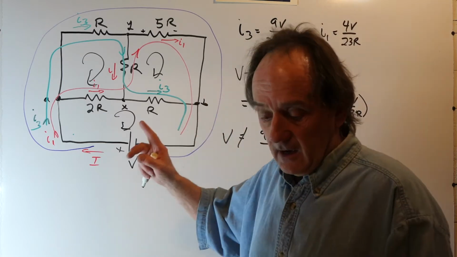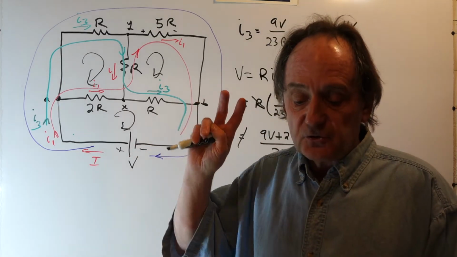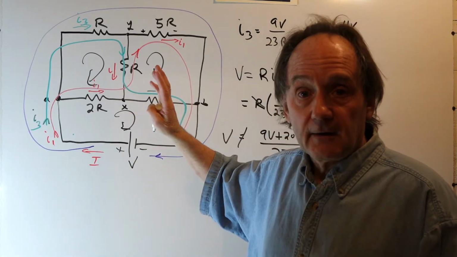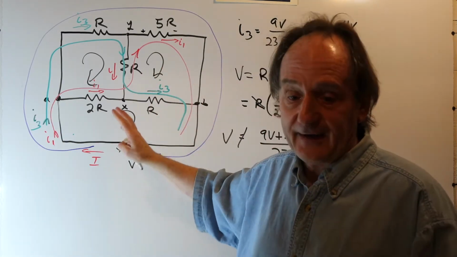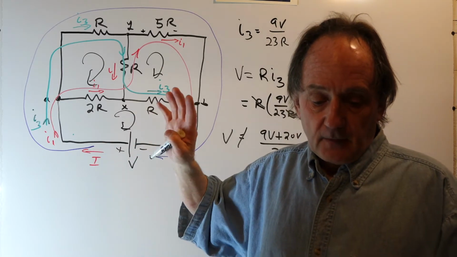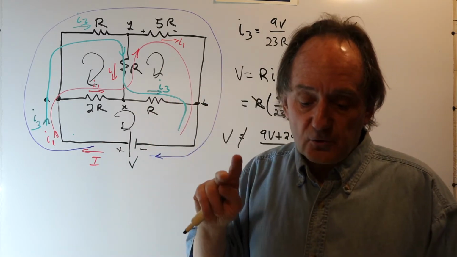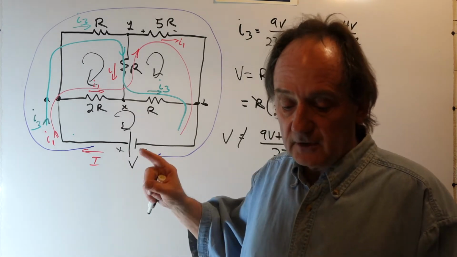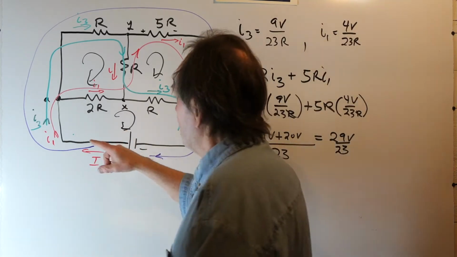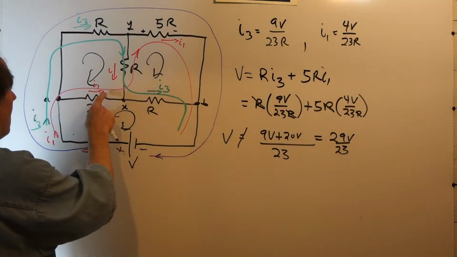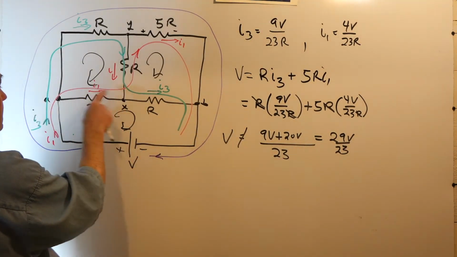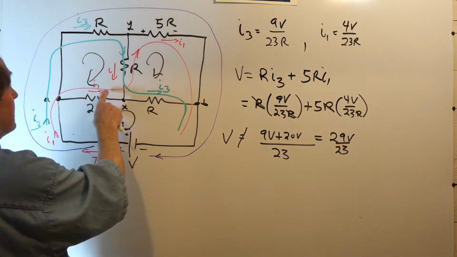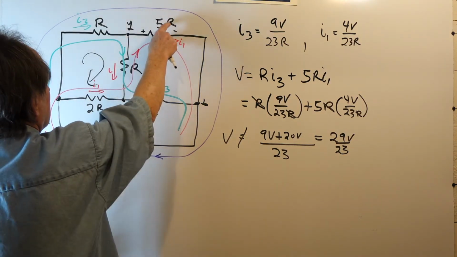So when you have this two-loop mesh, or this two-loop current analysis, when you make your choice for I1 and I3, you look to see here that only I1 flows in 2R, and that same current is flowing in 5R.